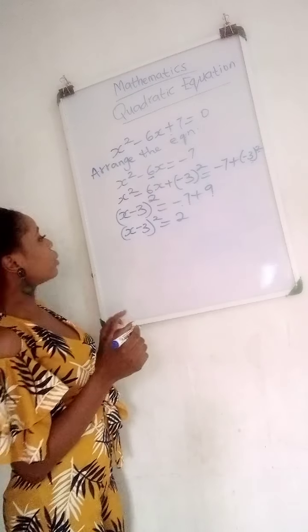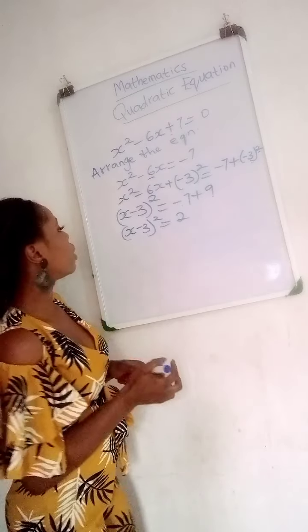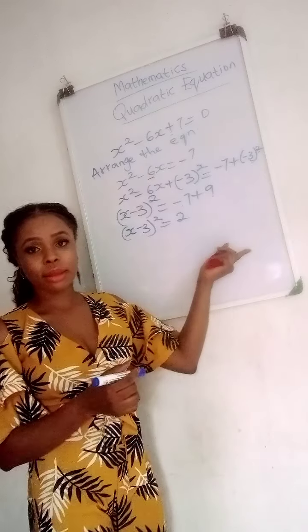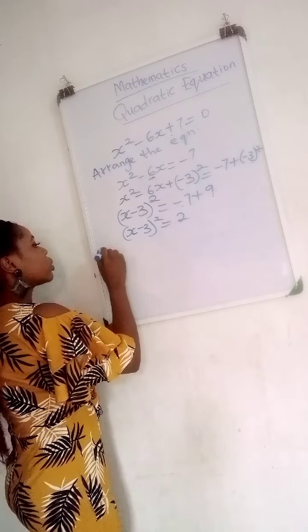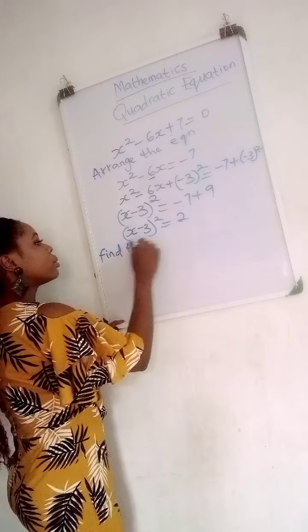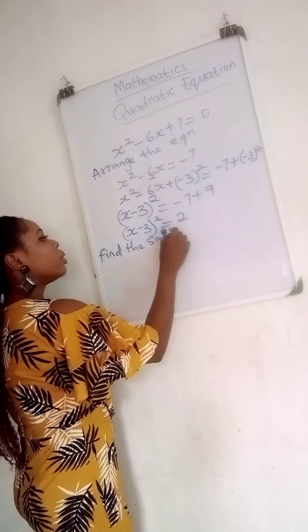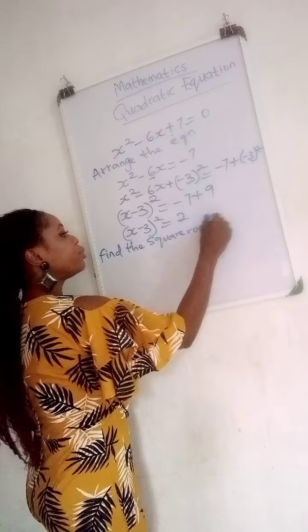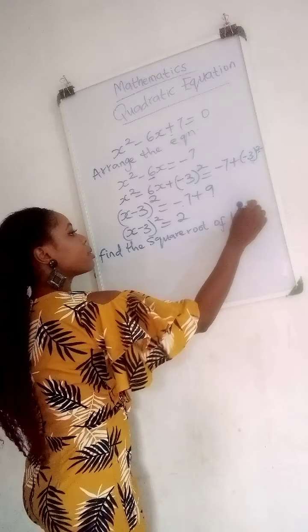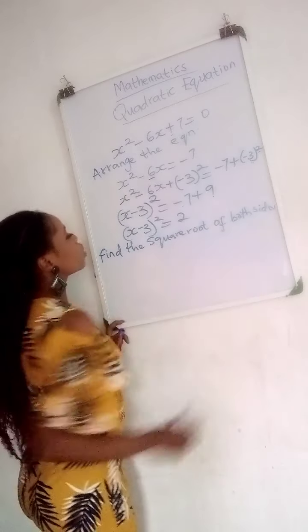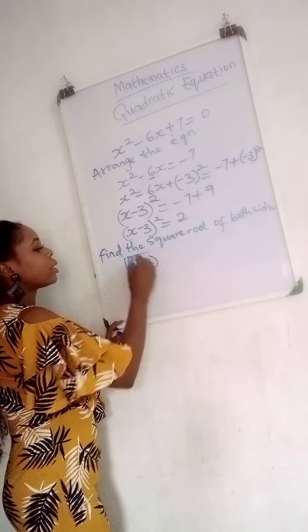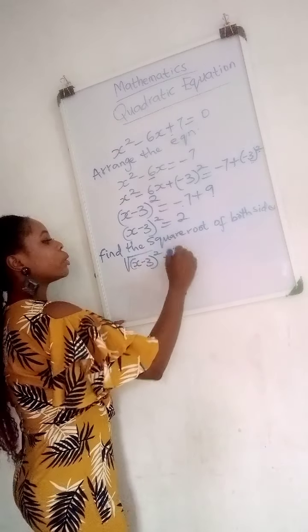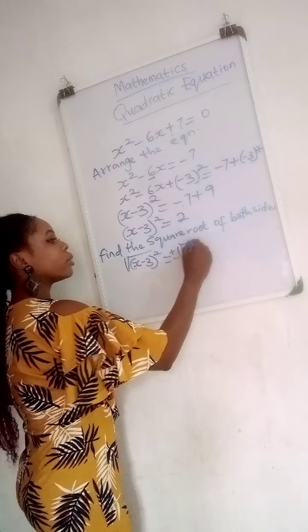Okay, now the next thing to do is to get the square root of both sides. Getting the square root of both sides, this would be the square root of (x minus 3) all squared equal to the square root of plus or minus 2.